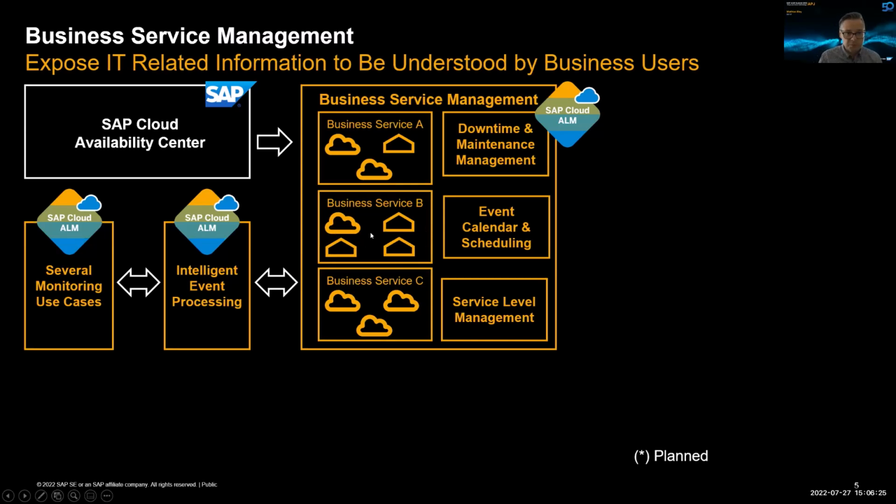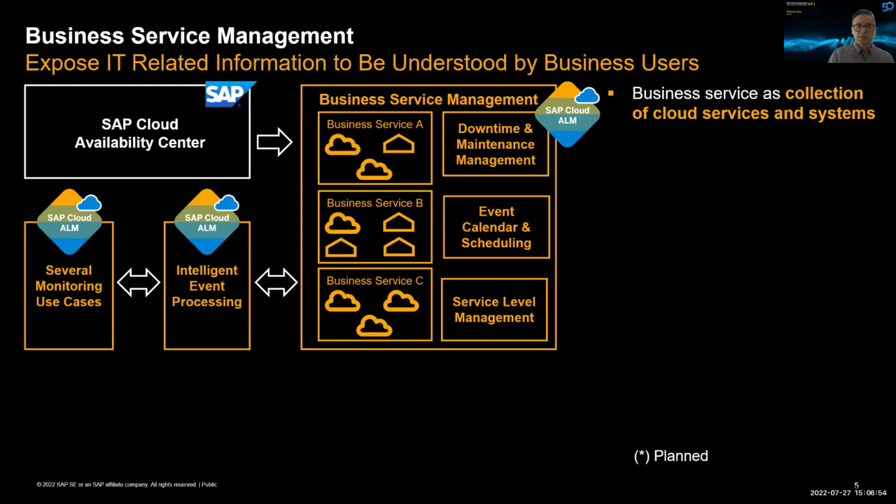It's also already possible for users to create disruptions and maintenance times manually. In the end, we want to collect all this information in business service management, and we also want to give this information back to the monitoring use cases. So if you have an issue in a monitoring use case, you could see it's already known that there is a disruption on the system, or that there is a planned maintenance on the system.